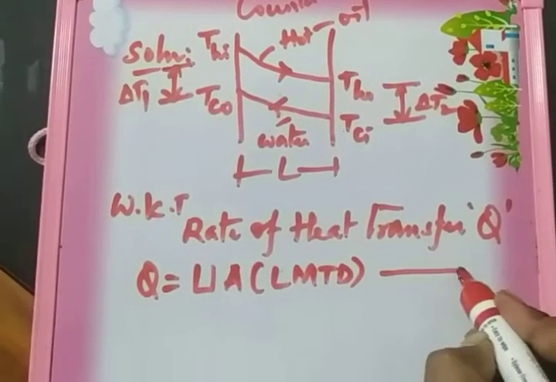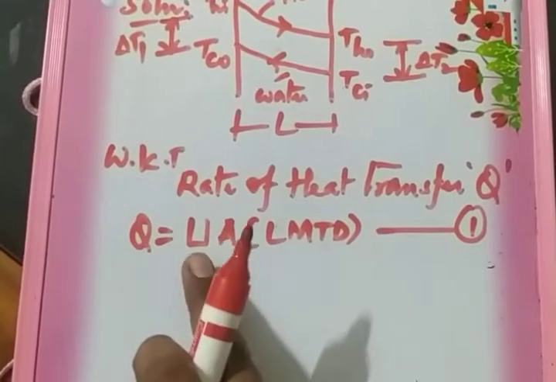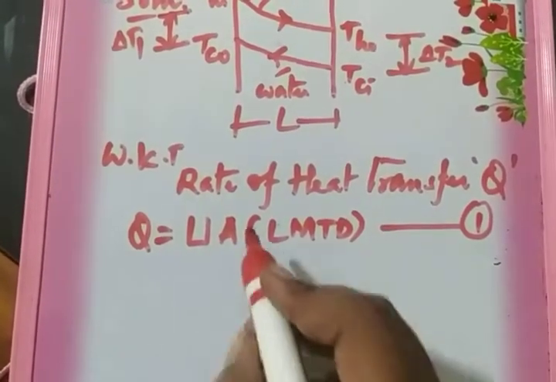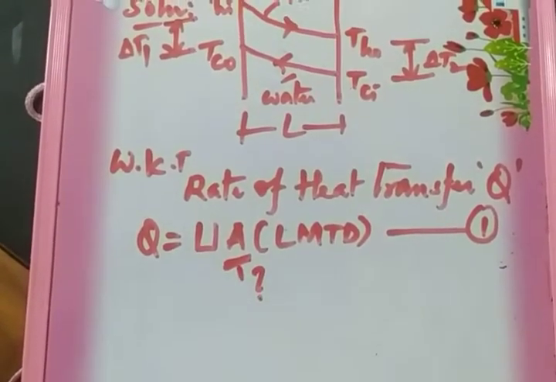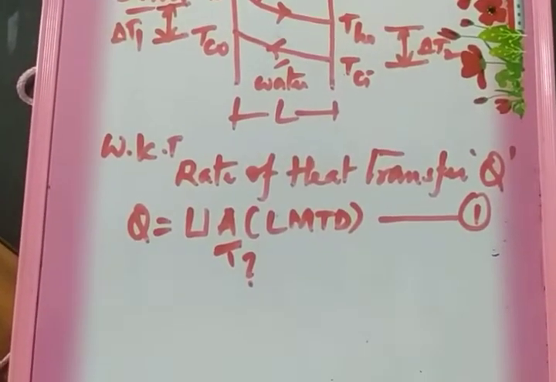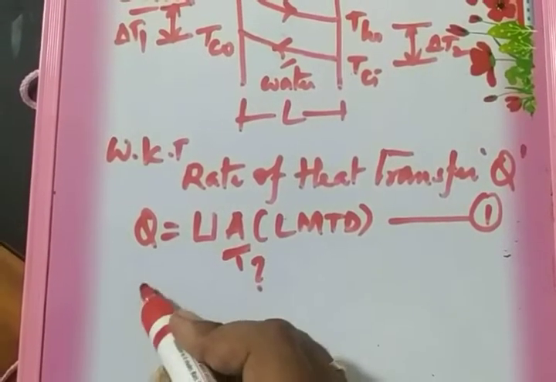Correct? This is a standard relation which we have discussed earlier. Q is equal to UA LMTD. Now here you can see that there is a term called area, which is what is asked in the problem. To calculate area, I can rewrite it like this.